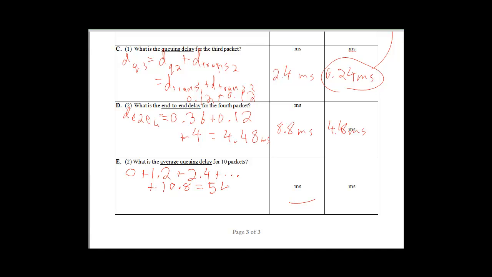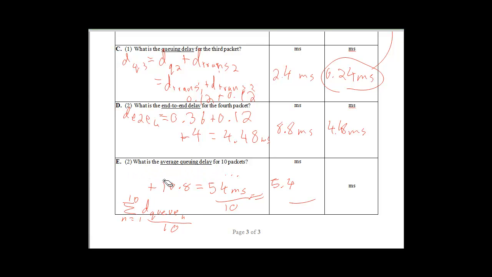You add those up, you're going to get 54 milliseconds. That is the sum from n equals 1 to 10 of dq n. And then we're going to divide that by 10 here. So we take 54, we divide it by 10, and we're going to get 5.4 milliseconds as the average queuing delay for the first 10 packets there.